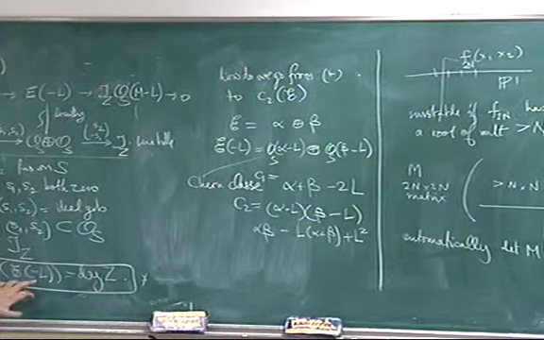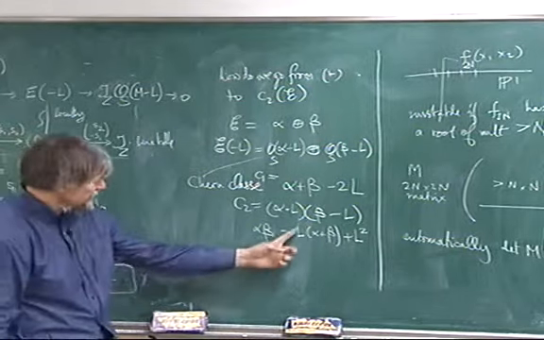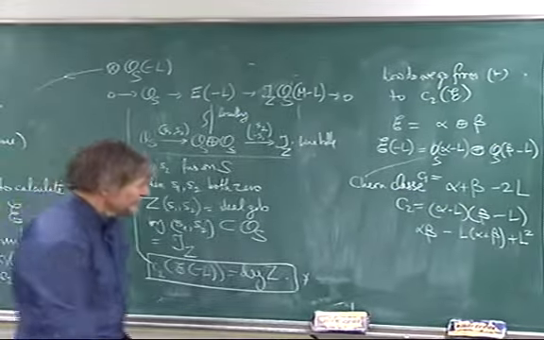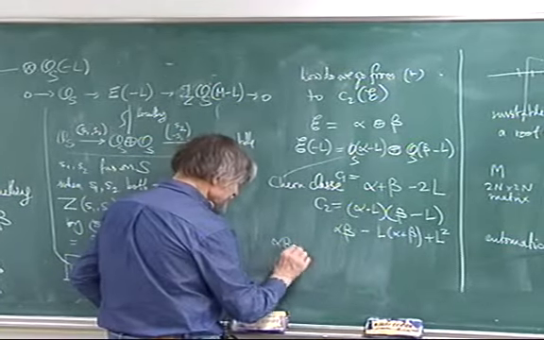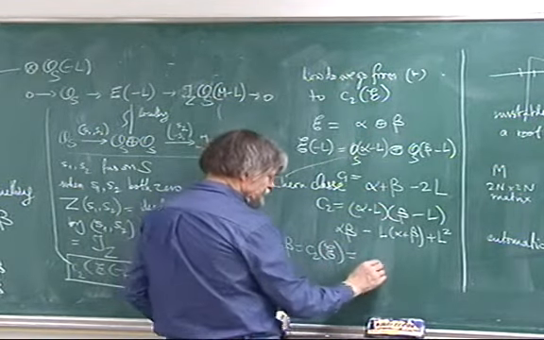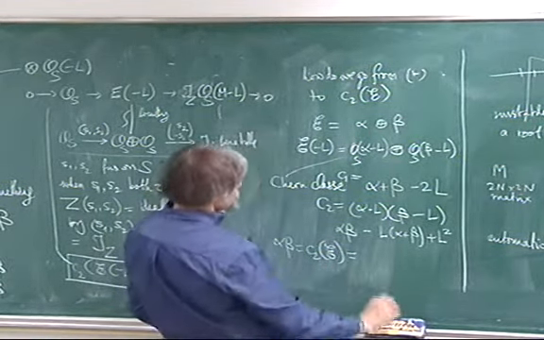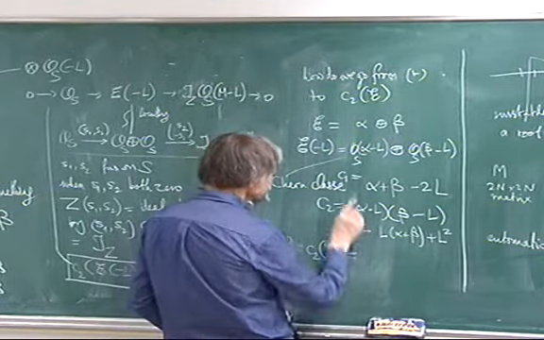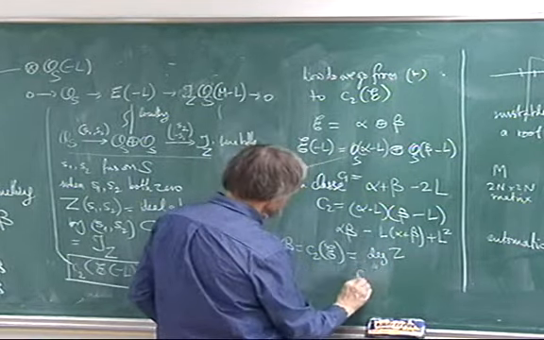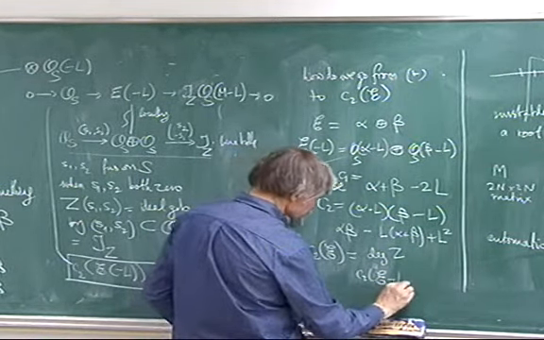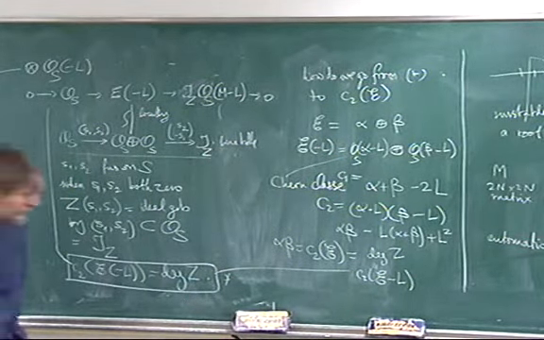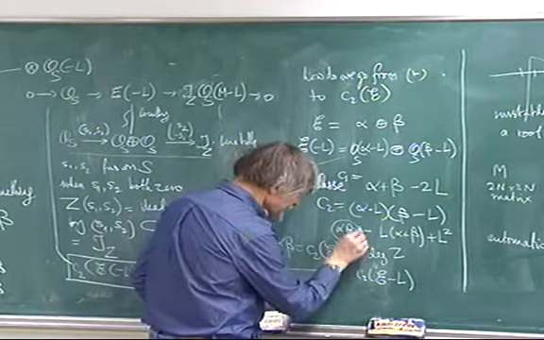You go from C2 of one bundle to C2 of the bundle twisted by L. So alpha beta, C2 of E itself, is... C2 of this is the degree of Z. This guy here is the C2 of E minus L, that's star, that's this term here.